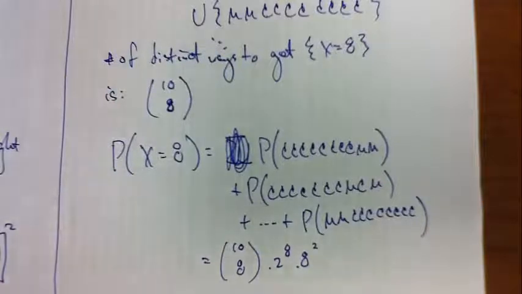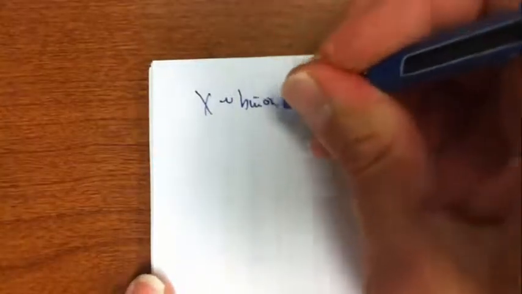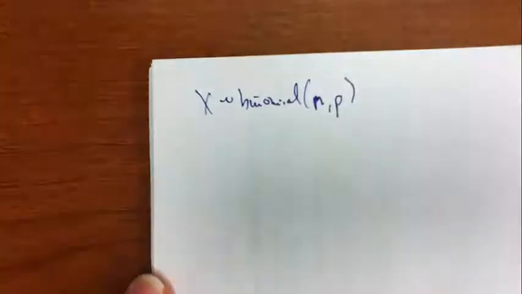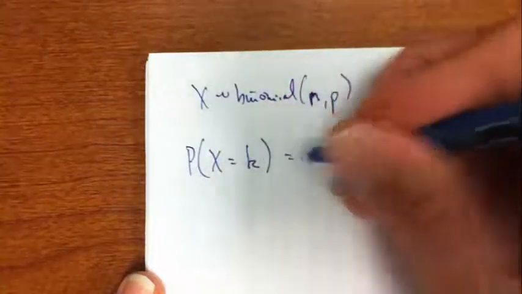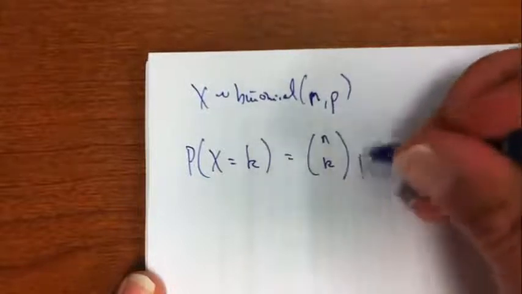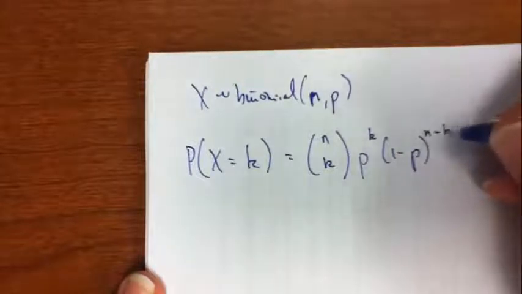All right, so this sort of gives us a big fat hint as to how to actually write down the probability mass function for a binomial. So if X is distributed binomial with parameters n and p, then the probability that X takes on the value of k is just going to be n choose k times p raised to the kth times 1 minus p to the n minus kth.